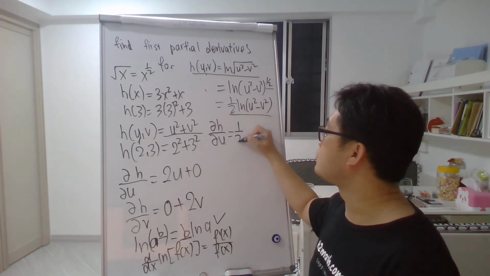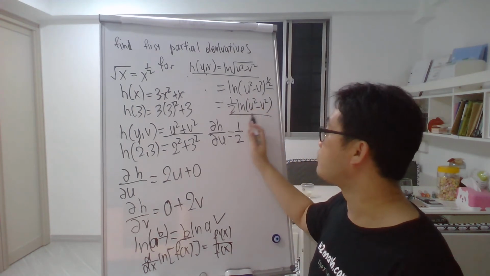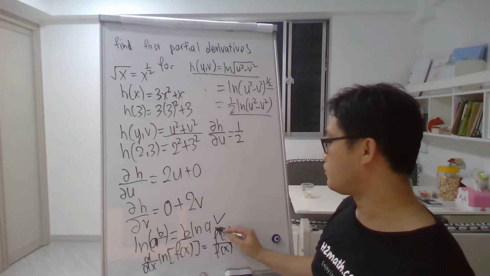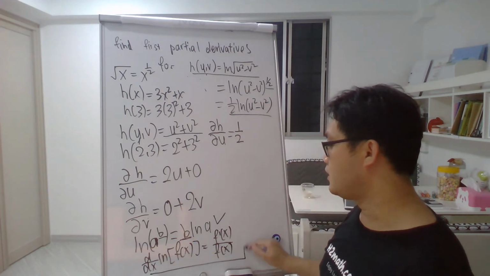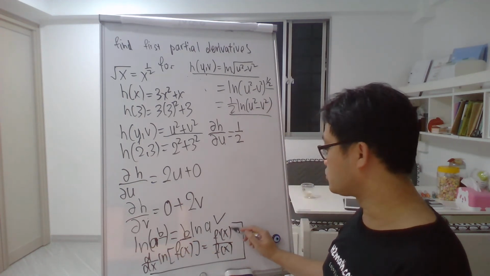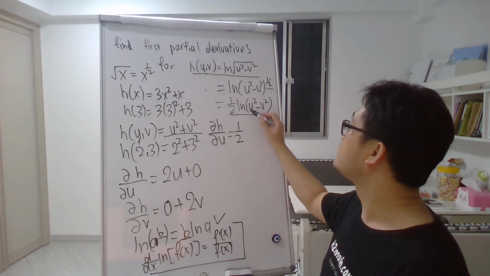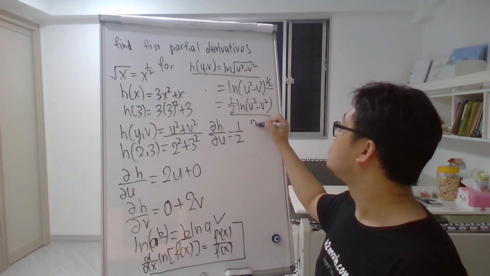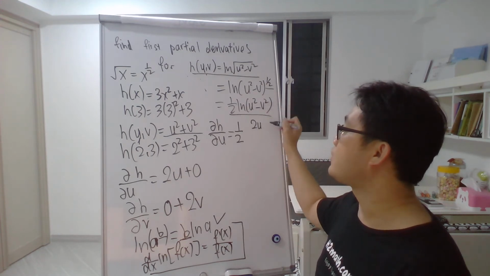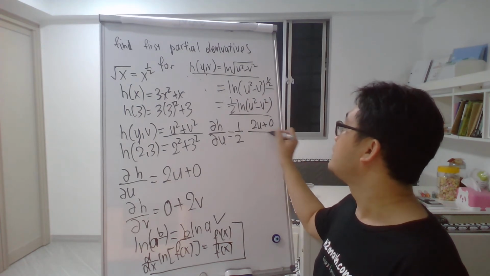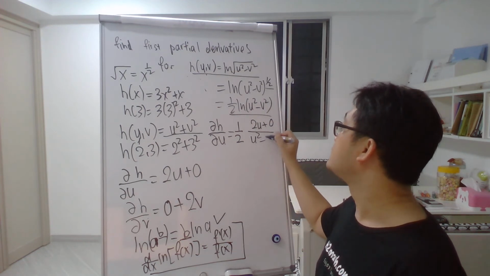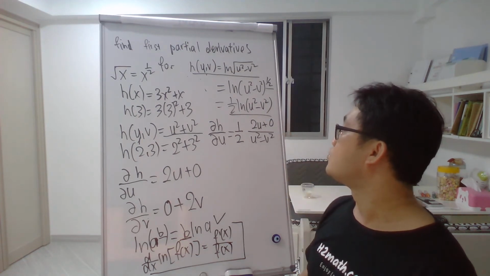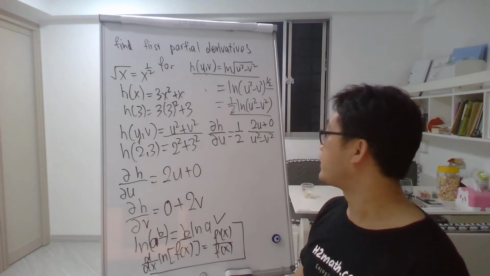Using the constant multiple rule, the half I will bring in front, and using the rule that the derivative of ln f(x) is f prime x over f(x), I differentiate this with respect to u, which gives me 2u, then minus v squared just gives me 0, and over u squared minus v squared. So this is what I will get.